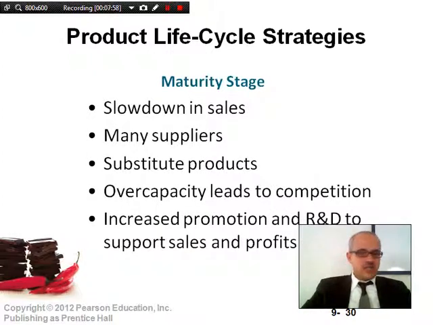Maturity stage, it's more of a slowdown on your sales. Many suppliers, sometimes you start to get substitute products. Overcapacity leads to competition, increased promotion, research and development to support sales and profit. You remember when they did iPhone 3, then very quickly we started to see Samsung coming.